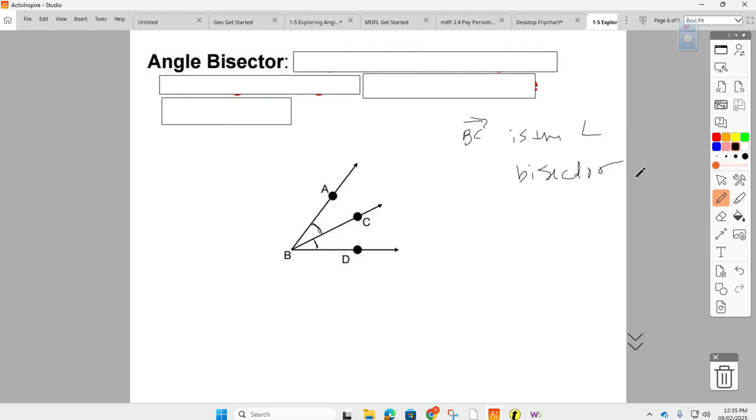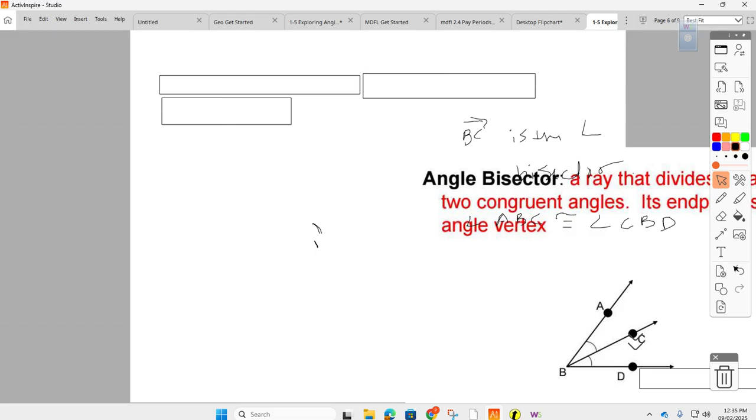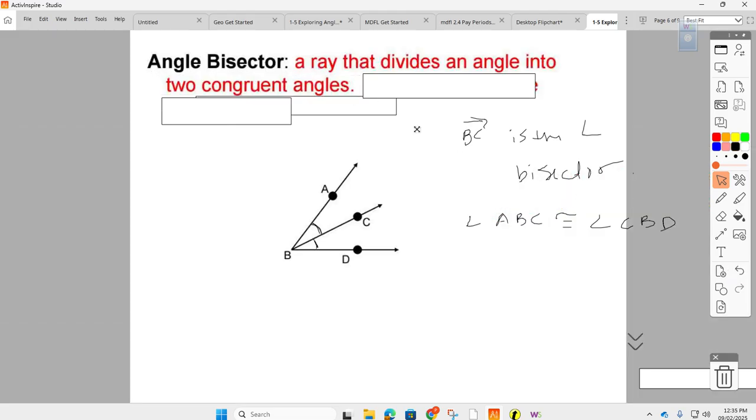And we know that because of this mark here. We know that angle ABC is congruent to angle CBD. So by definition, a ray that divides an angle into two congruent angles is an angle bisector.